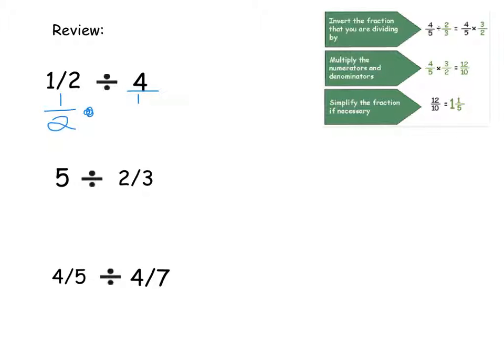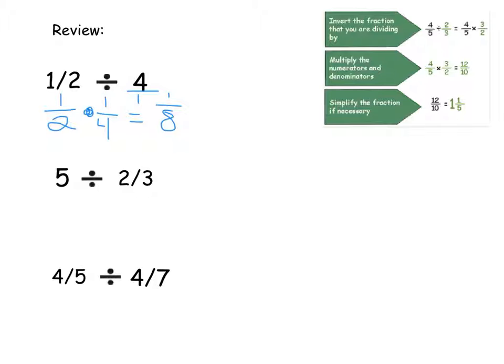For whole numbers, we put 1 underneath and then flip them, and then multiply across. So 1/2 divided by 4, which means how many times does 4 go into 1/2, is 1/8. Or we can say 1/2 divided into 4 pieces gives us how many pieces total, and that would be 1/8.